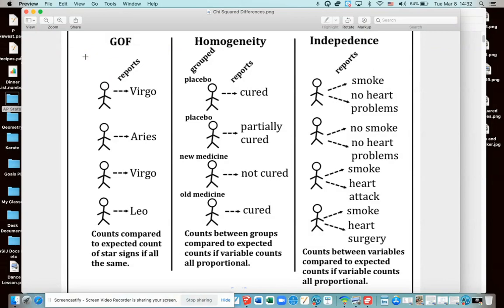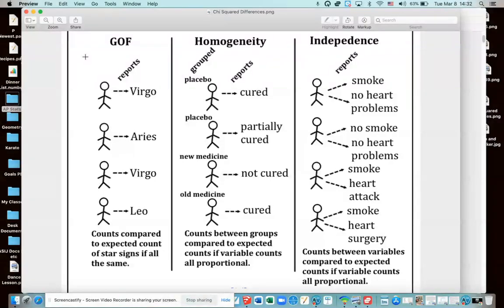So you can go out and find a bunch of people. Let's just say you find 12 people. Since there are 12 star signs, I think there's 12, right? If you find 12 people, you would expect to find one of each on average. Of course, it's not going to work out if you just find 12 people. So let's say you do 60 people.